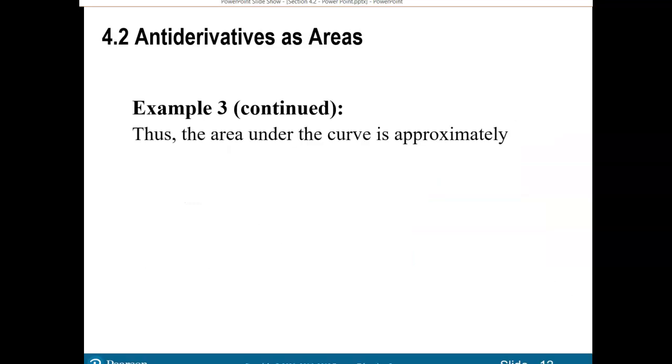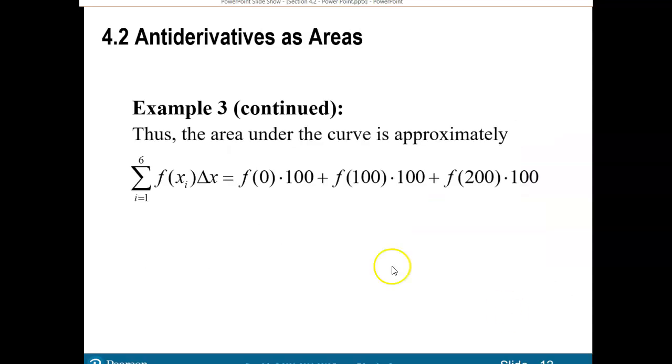All right, so the area under the curve is approximately the sum from i equals 1 to 6, f of x sub i times delta x. Well, we start with the 0, the first left endpoint. So f of 0, our delta x is 100. Plus, remember, delta x is 100, so moving 100 over from 0 means you're at f of 100 times 100.